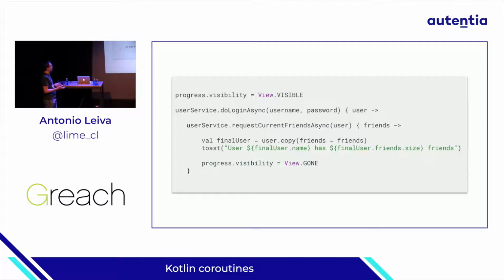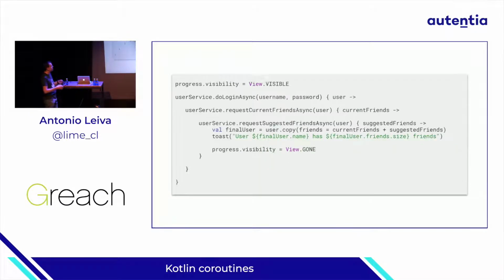But this is a simple example, so imagine that we have a second request. Apart from the current friends request, we have to do another one with suggested friends, for instance. So a way to do it is ask for the current friends, then when they are finished, I ask for the suggested friends, and then do the merge between the two lists to show the final result, the friends that we want to show together with that user.